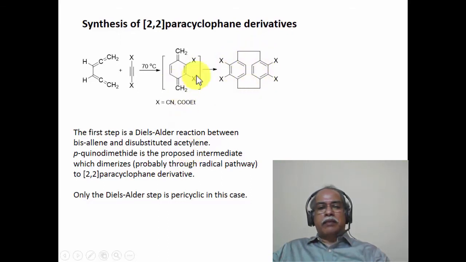The quinodimethane dimerization itself could be a radical pathway because a considerable amount of polymer is also produced as the byproduct in this reaction. So the only step that is pericyclic in nature is this particular step, where the 4pi 2pi cycloaddition reaction is taking place between the bisallene and the acetylene. So this is a very elegant synthesis of a fairly complex structure, which is a 2,2-paracyclophane derivative in this particular case.